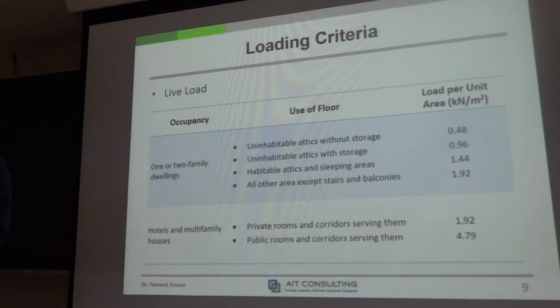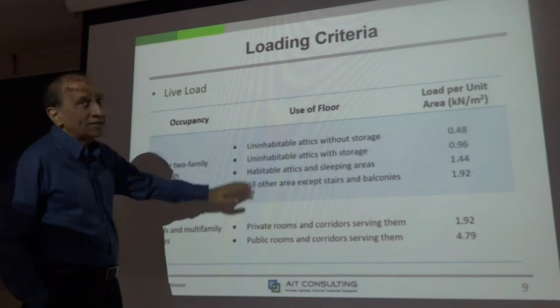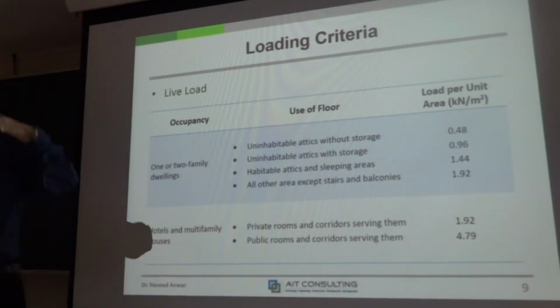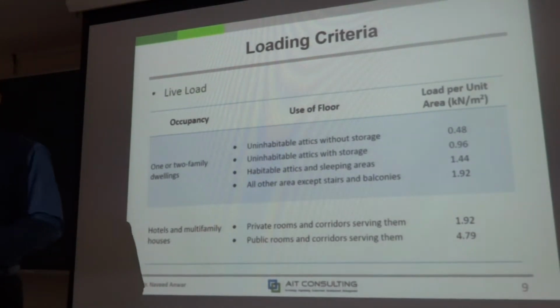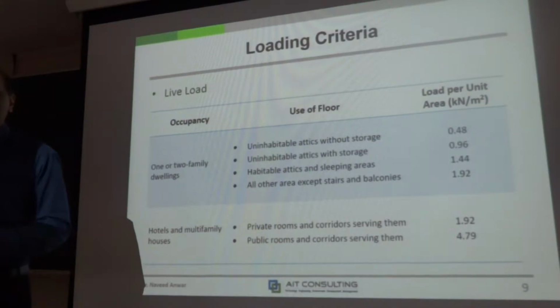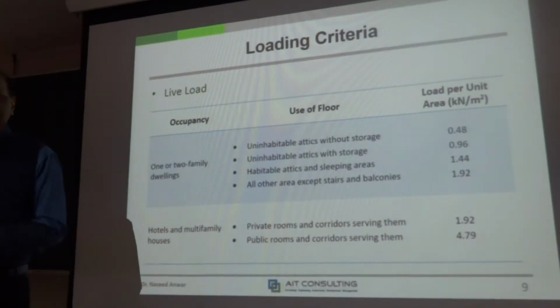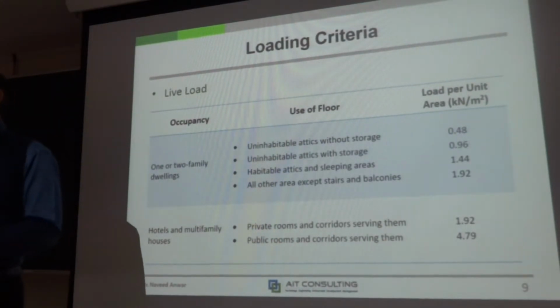But many buildings, many rooms, have a plate indicating what these floors are designed for, so that we don't exceed those usages. But there are so many tables. In fact, if you look at the design code, you will find about 10 pages full of live load criteria. So many possible usages.